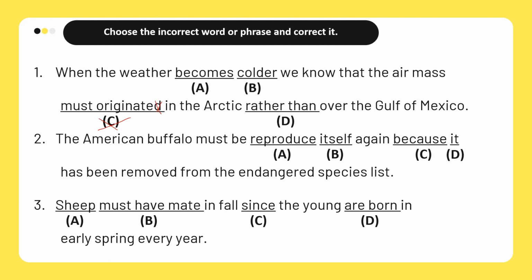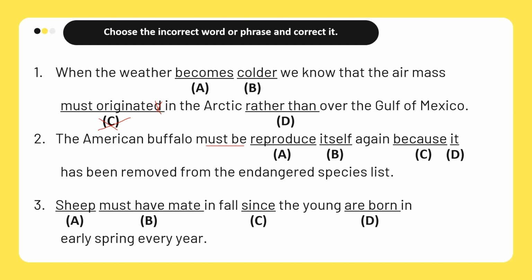The next one. Number 2, the American buffalo must be reproduced itself again because it has been removed from the endangered species list. So here what I'm trying to say is that here we have must be, first of all.